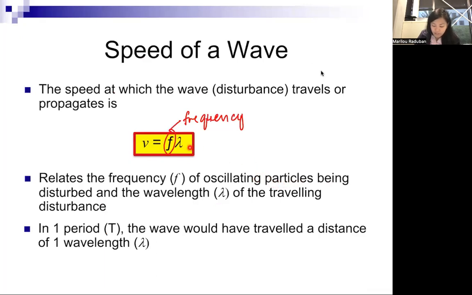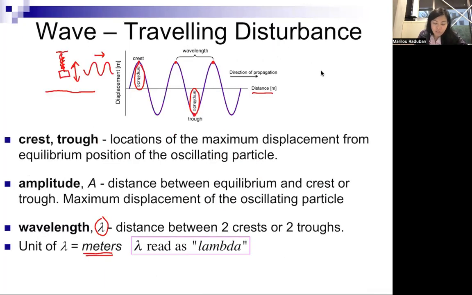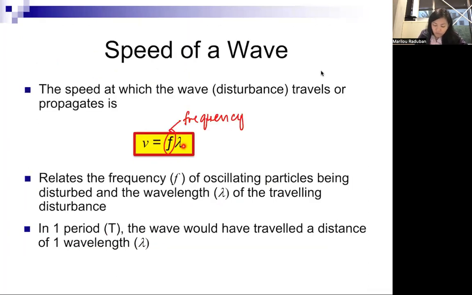And wavelength is the wavelength of the traveling disturbance, the distance between two successive points in the sinusoidal graph of the traveling disturbance that we've seen in the previous slide. So speed relates the frequency of the oscillating particle with the wavelength of the traveling disturbance.